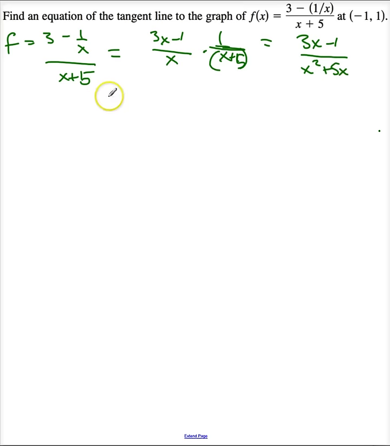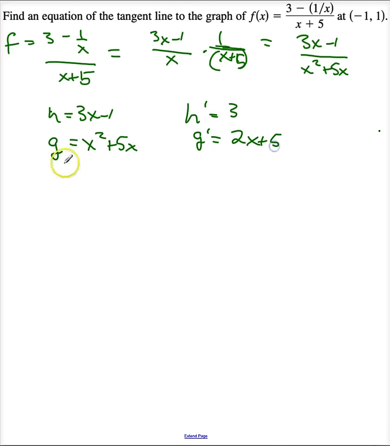Okay, now I write my top function, and because this is f, I'm going to use something else. Let's call this h, is 3x minus 1, and g is x squared plus 5x. H prime is 3, g prime is 2x plus 5.